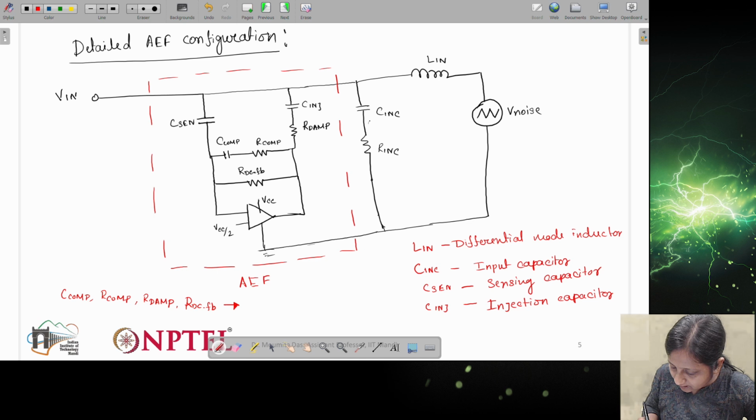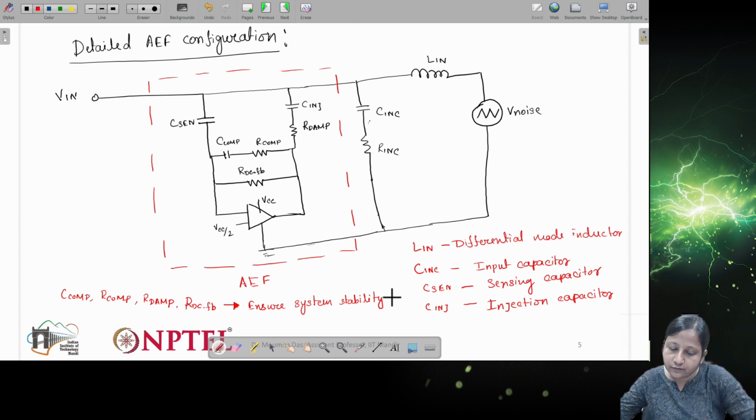So these basically ensure system stability. Okay, so these are the different components of the active EMI filter.